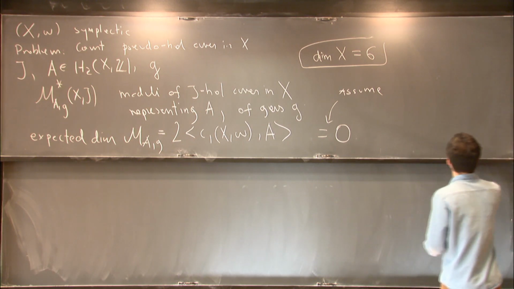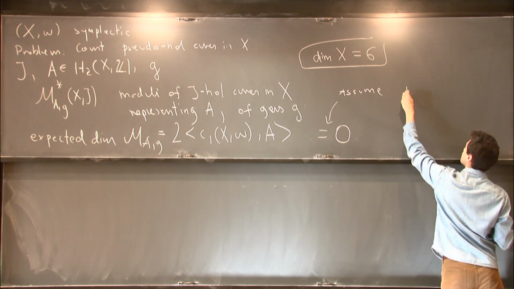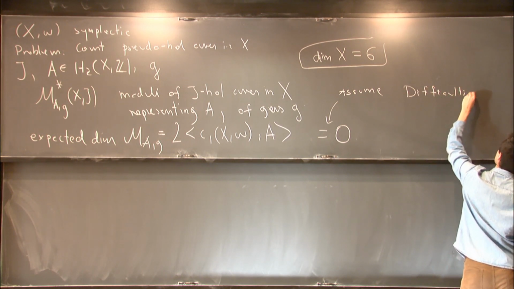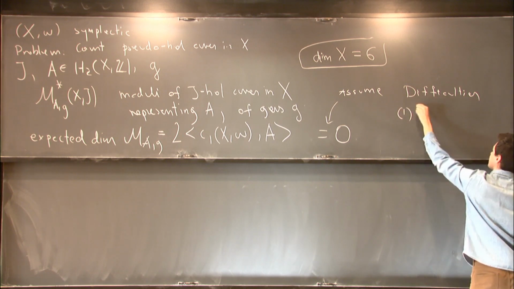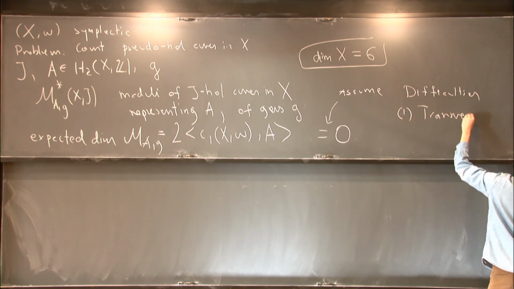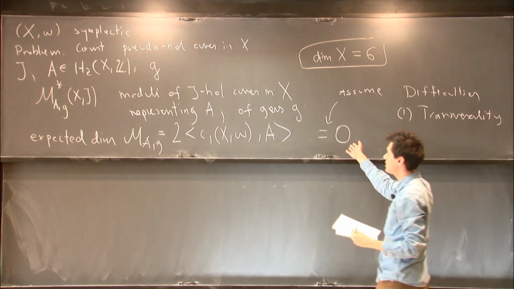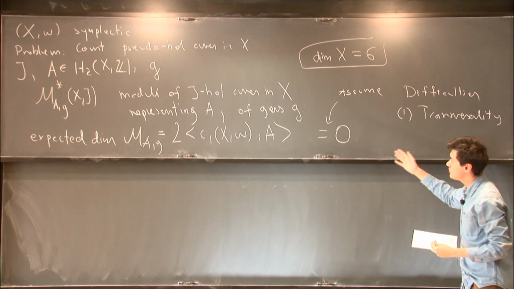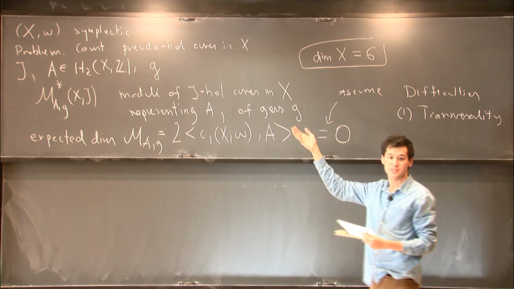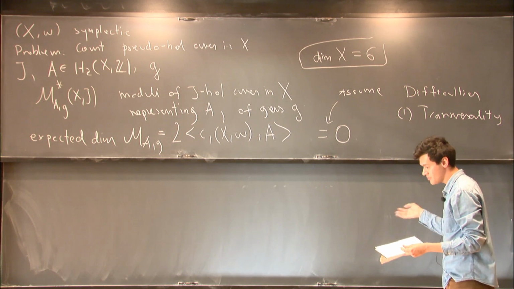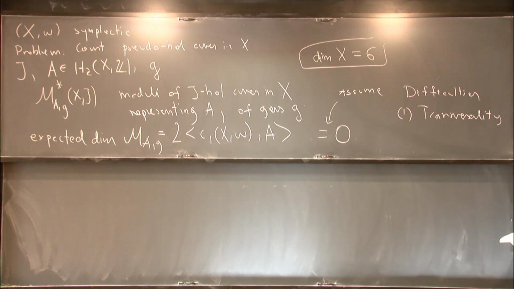But of course, there are 2 well-known problems with this, so maybe difficulties of this theory. Well, the first one is transversality. I know that the expected dimension is 0, but this moduli space could be, in fact, very singular, could be something which is, for example, higher dimensional, because my equation for a J-holomorphic curve is not transverse.